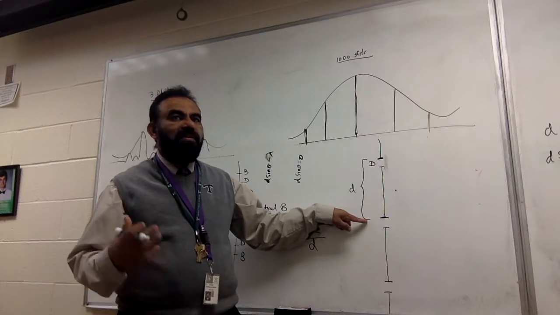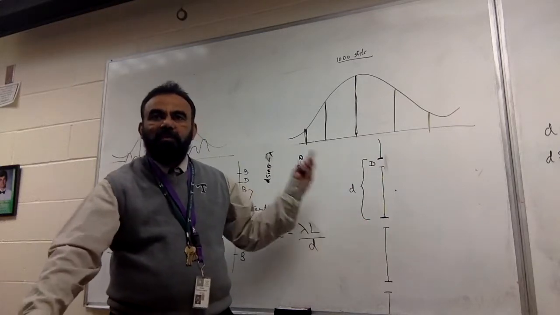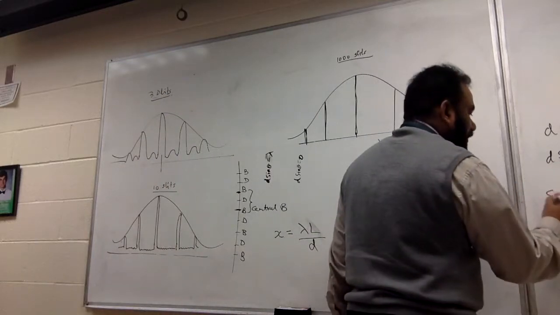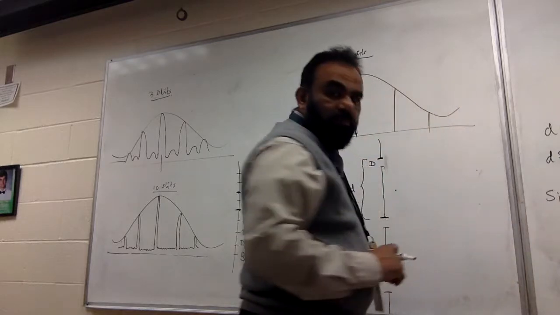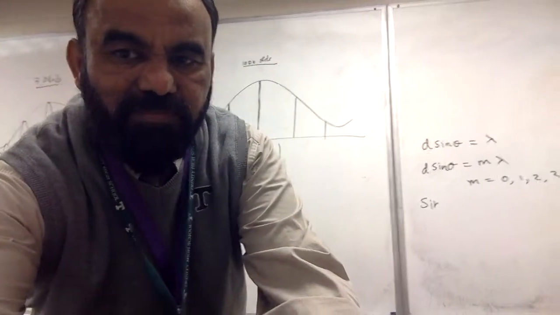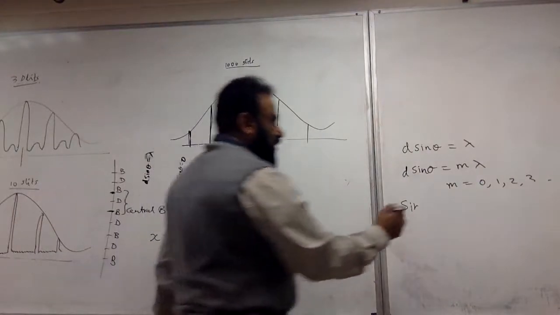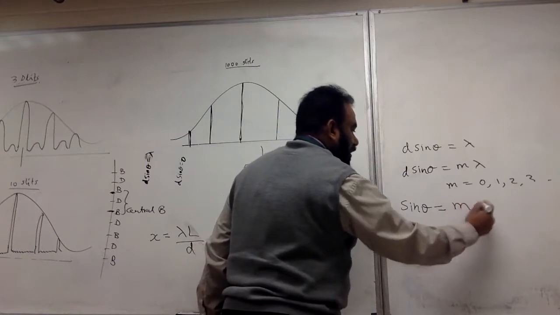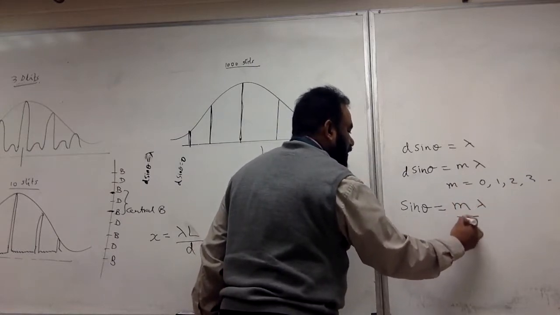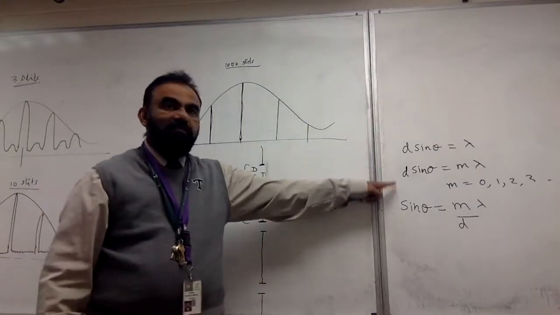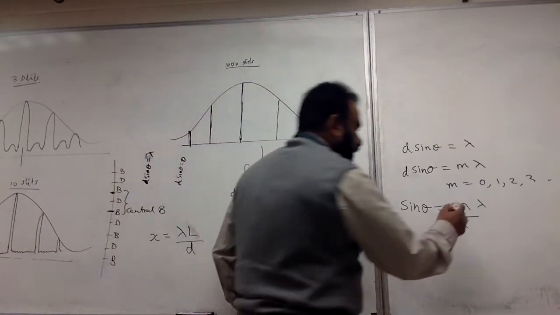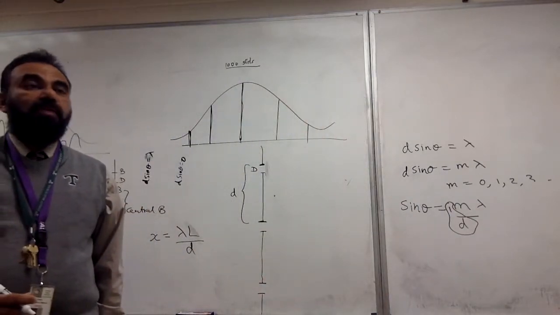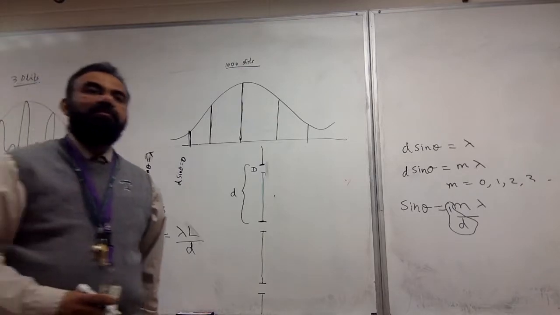How many such distances are accommodated in 1 meter? It will be 1 over d. So sine theta is equal to m lambda over d. And 1 over d stands for number of slits per meter.